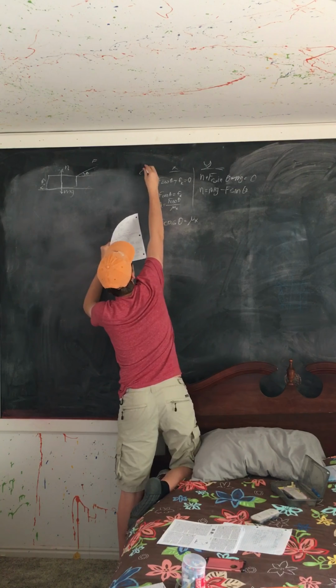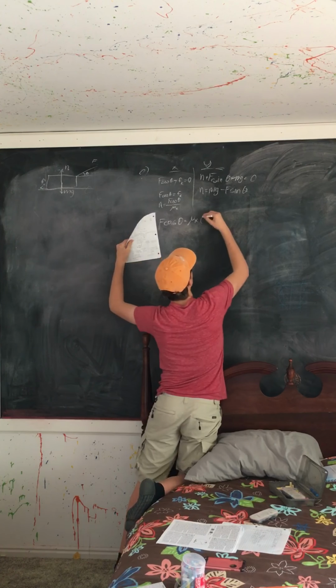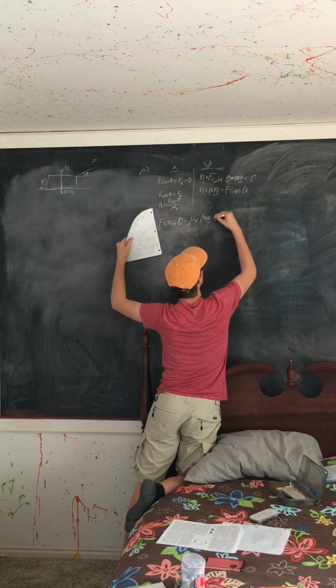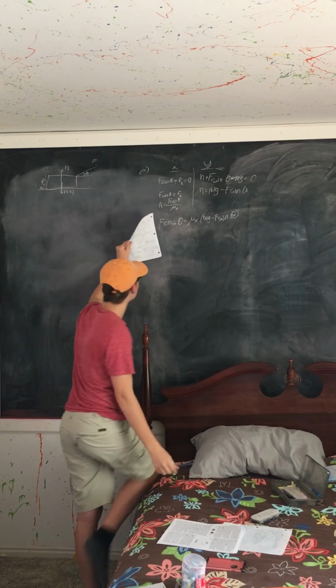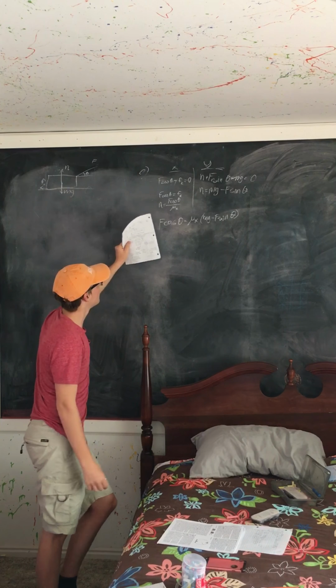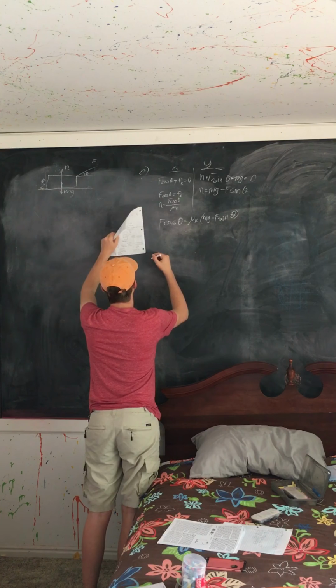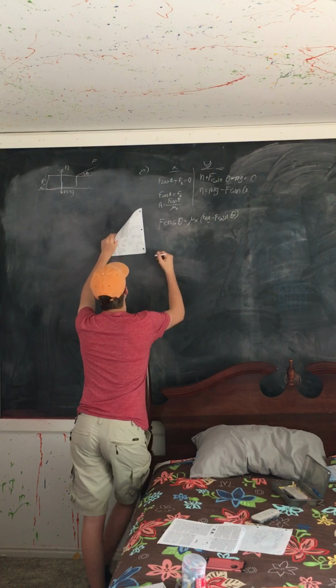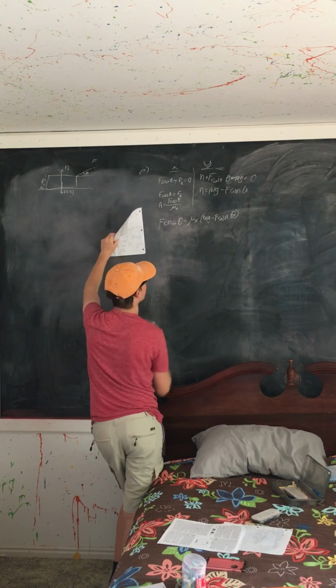times mg minus F sine theta. And this is part A. Then we can get the force to the other side.